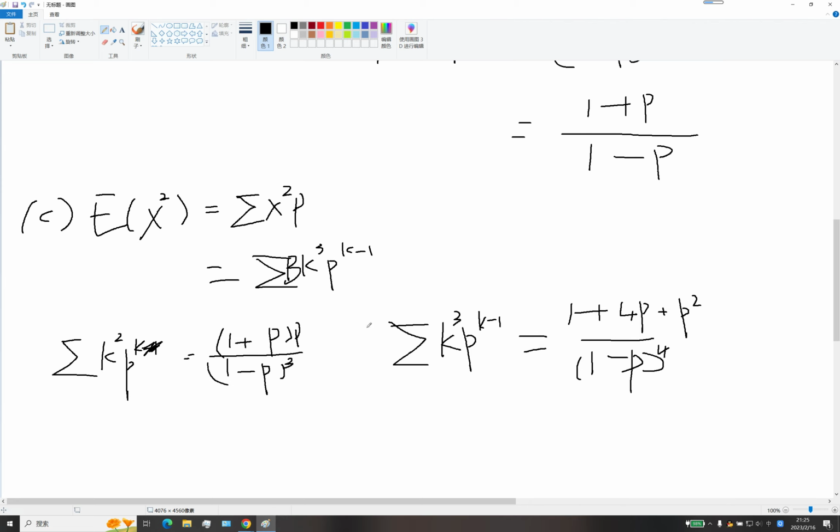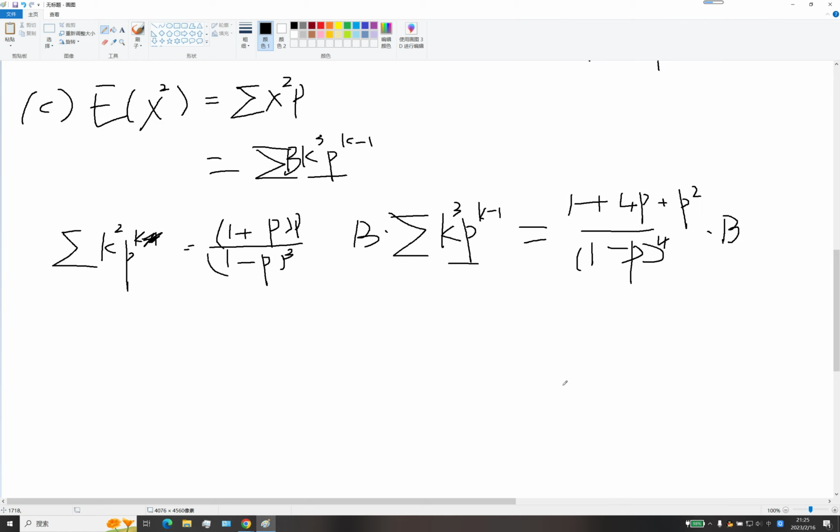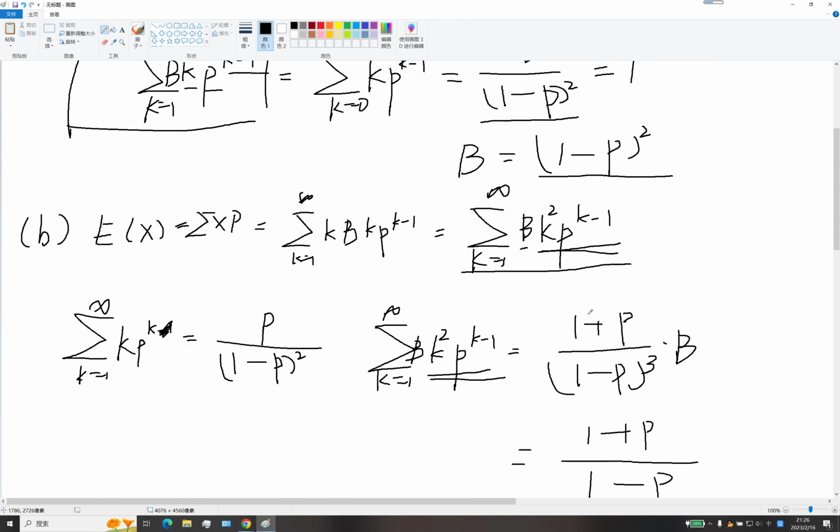So what we want to get is there, and we just multiply by b on both sides, and we can get the answer, which is this. So this is the answer to question C.